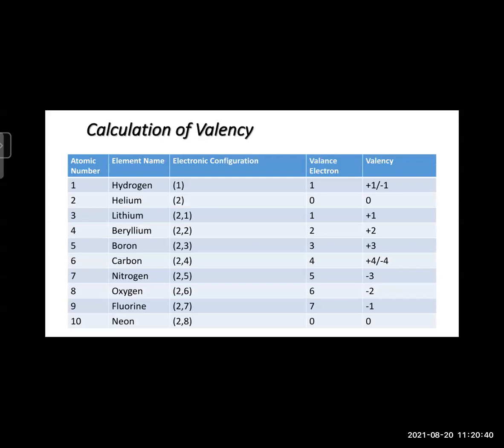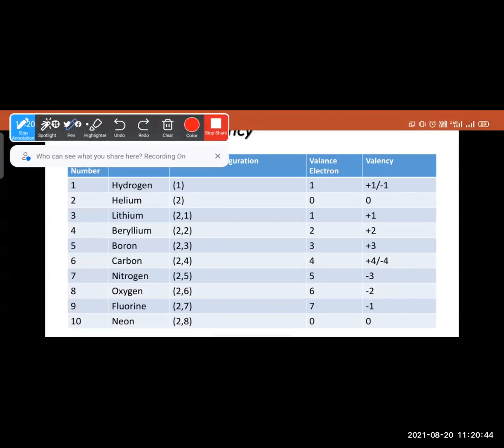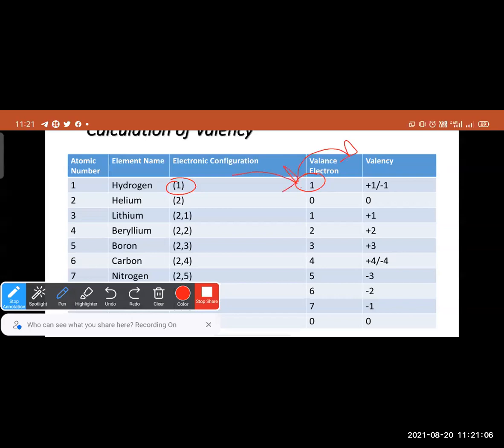The first atom is hydrogen. The atomic number of hydrogen is 1. Its electronic configuration is 1. Its outermost orbit will have 1 electron. Therefore, the valence electron will be 1. So it can donate 1 electron or accept 1 electron.